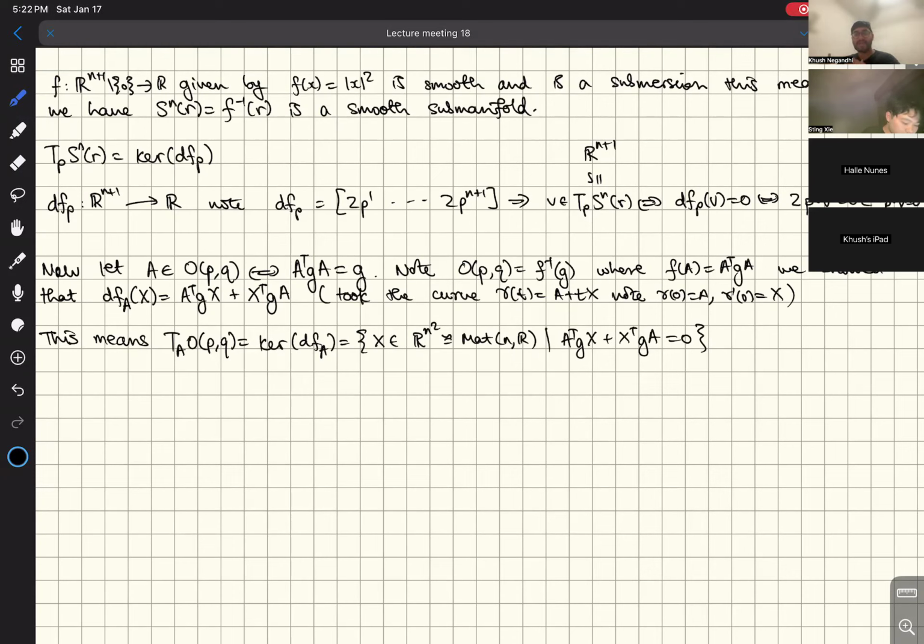Because sure, we have the tangent space for the orthogonal group, but we actually care about a submanifold of the orthogonal group rather than the orthogonal group itself. And so now we need to find a way to compute the tangent space of the special orthogonal groups. But I will leave that computation up to you, and you'll see why. It follows relatively quickly from the computation we'll just do.